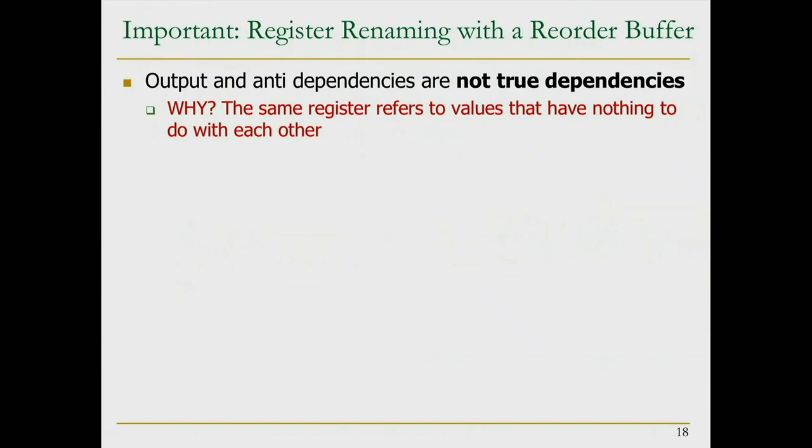So basically, what we've done is we really eliminated the output and anti-dependencies. We'll talk about this. So these are not true dependencies. The same register refers to values that have nothing to do with each other. Remember, I showed you multiple instructions writing to R3. These instructions write to R3, but you really need the latest definition of R3 in the end.